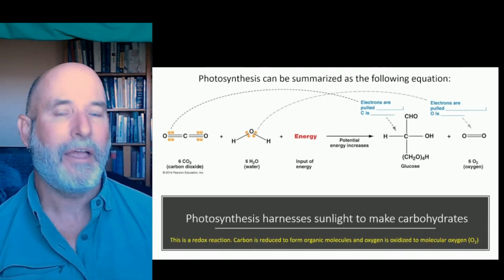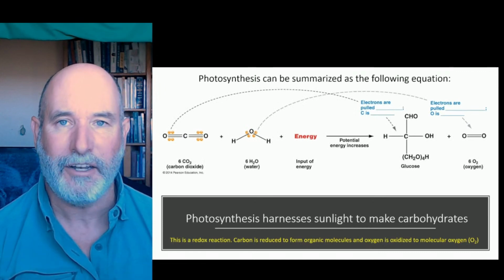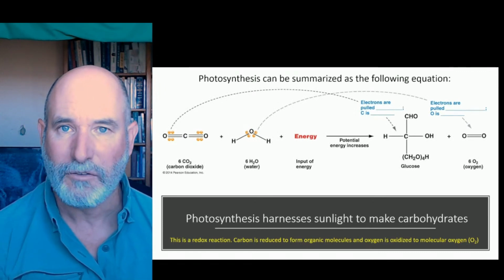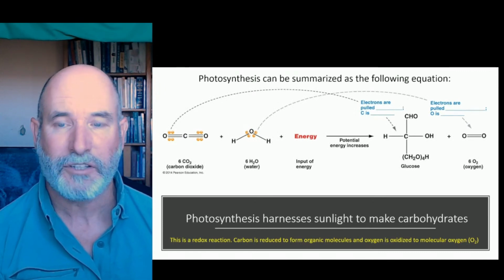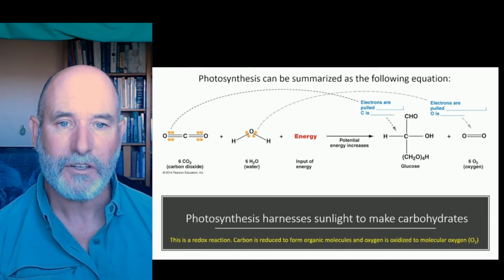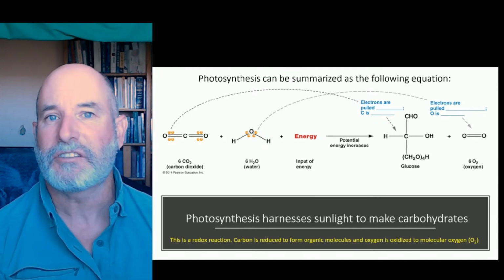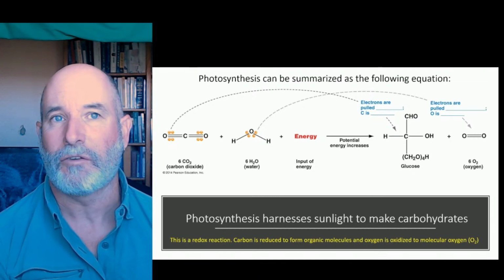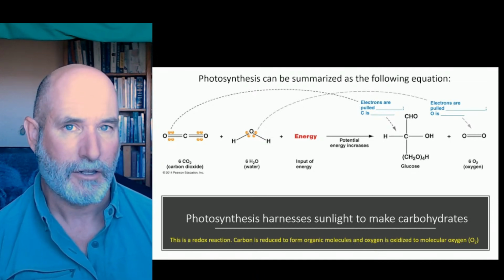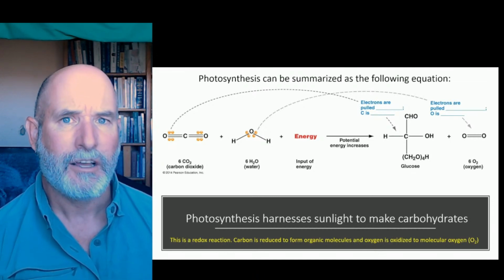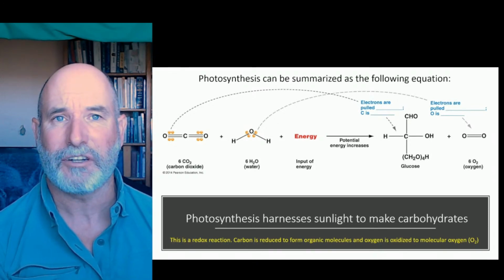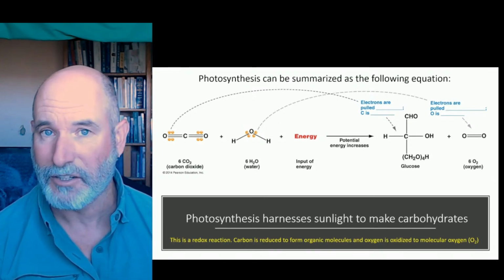Now, just to remind you, this is a redox reaction, reduction oxidation. So when you're reducing something, you're gaining electrons. So we're going to reduce the carbon in carbon dioxide to a carbohydrate by adding electrons to it, and along the way some hydrogens as well.